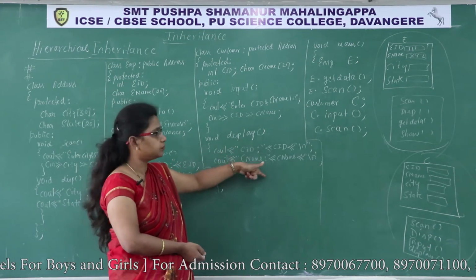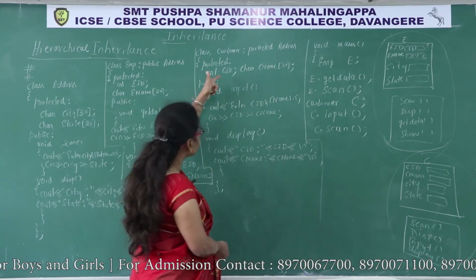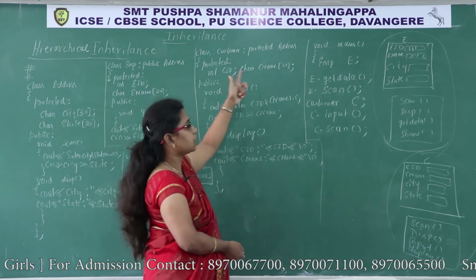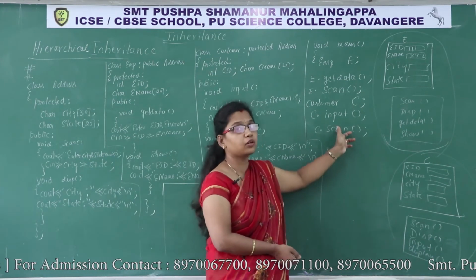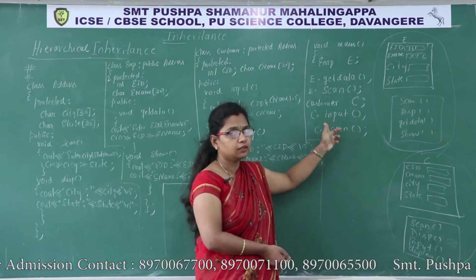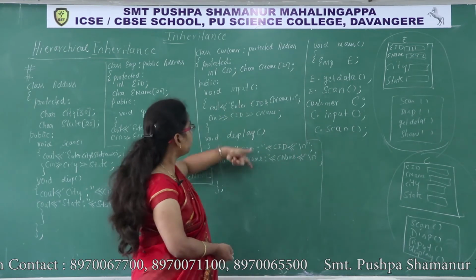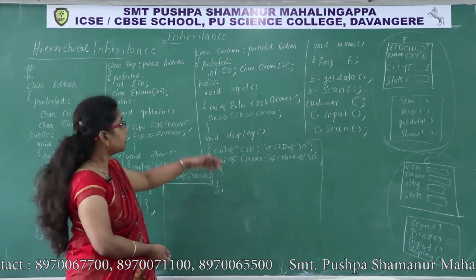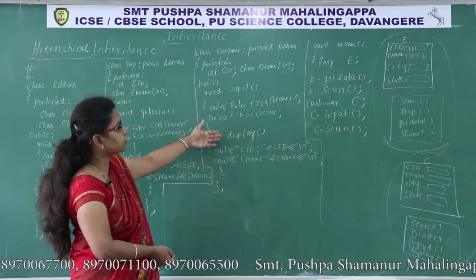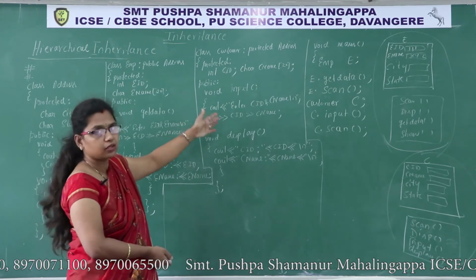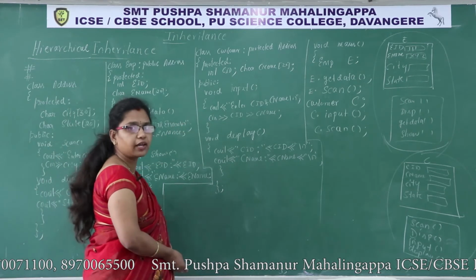Scan is a protected member of a derived class, and it cannot be accessed directly from a non-member function. What are the member functions of this class? Input function and display function, isn't it? So the public member functions of the class we can access.